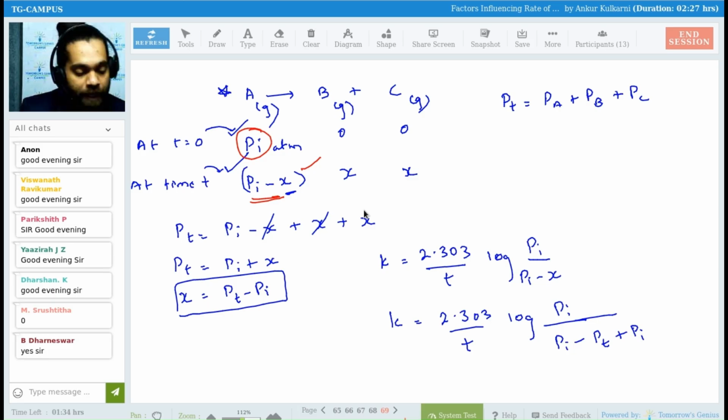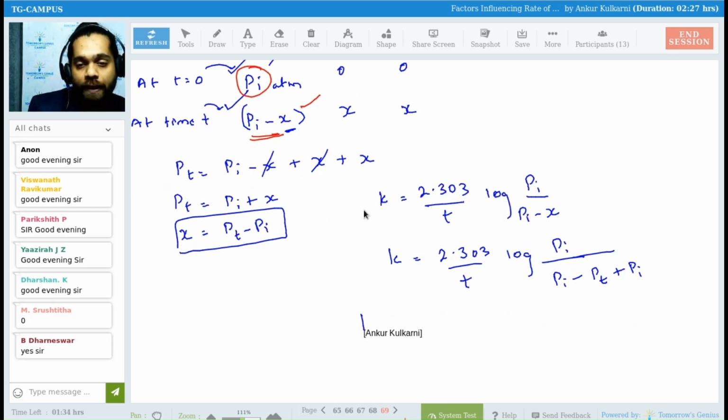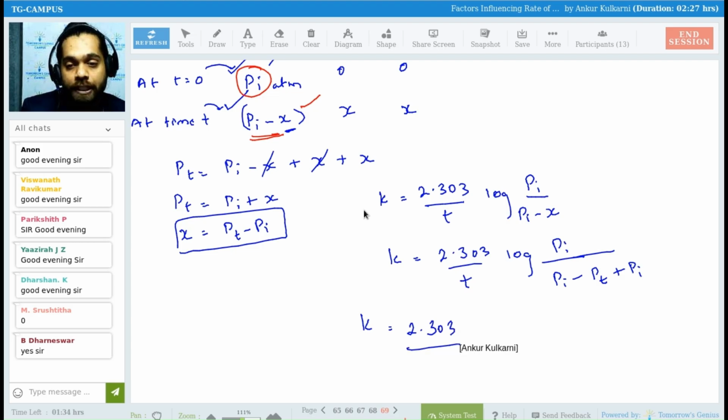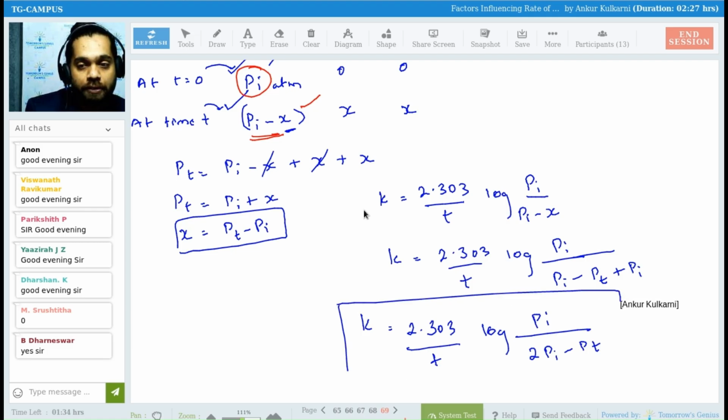So plus Pi, 2Pi minus Pt. So what is my final equation? K is equal to 2.303 over t log of Pi over 2Pi minus Pt. Do not cancel it, both are positive. Otherwise we will cancel it, you have the habit.